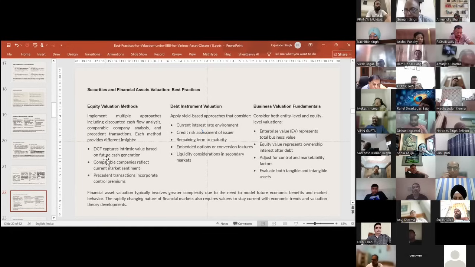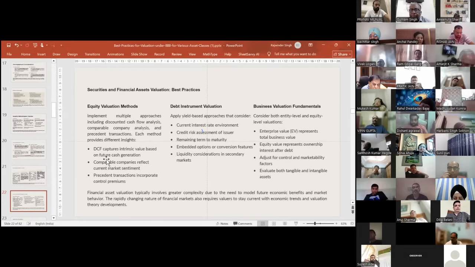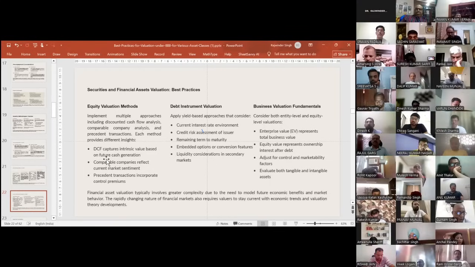Then you have to adjust for control and marketability. For that, you have to apply certain factors. And then you have to evaluate both tangible and intangible assets.